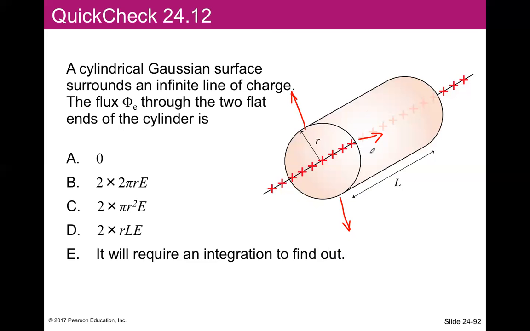Those field lines are always going out and perpendicular to the wire or cylinder. Then the two end surfaces are also perpendicular to the wire. So your end surface is parallel to the field lines. Then the answer is 0. No field lines cross or go through the two surfaces.